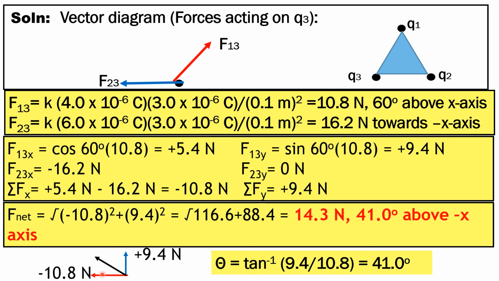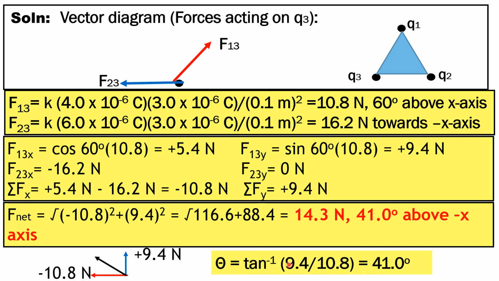So take note, if we define that as our angle theta, and then use the definition of tangent of the angle theta, we can use the formula for inverse tangent, or arc tangent. We just divide the opposite side of the triangle by the adjacent, or 9.4 divided by 10.8.